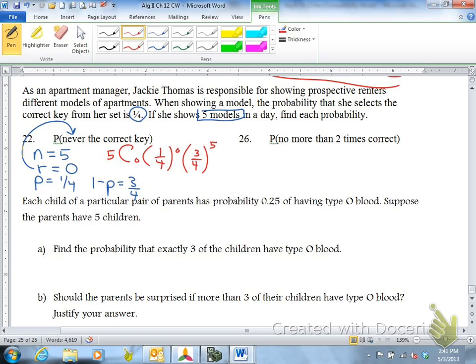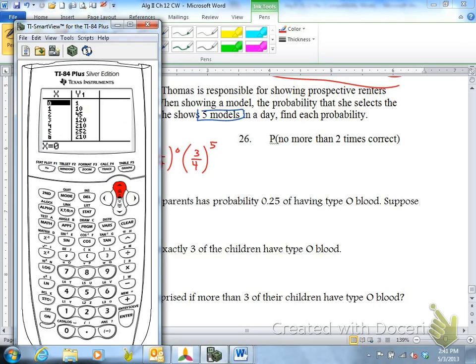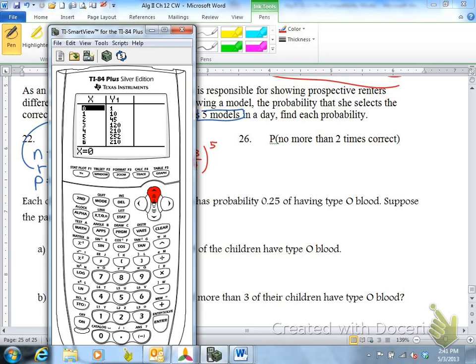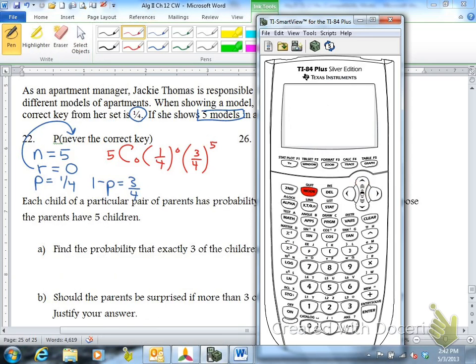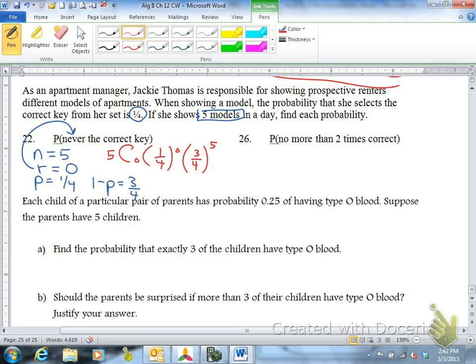When you type that in your calculator, 5 choose 0 is 1, 1/4 to 0 is 1, and then 3/4 to the 5th is 23.7% chance that she is completely wrong one day. Next: no more than 2 times correct. No more than 2 times, that means no more than 2.